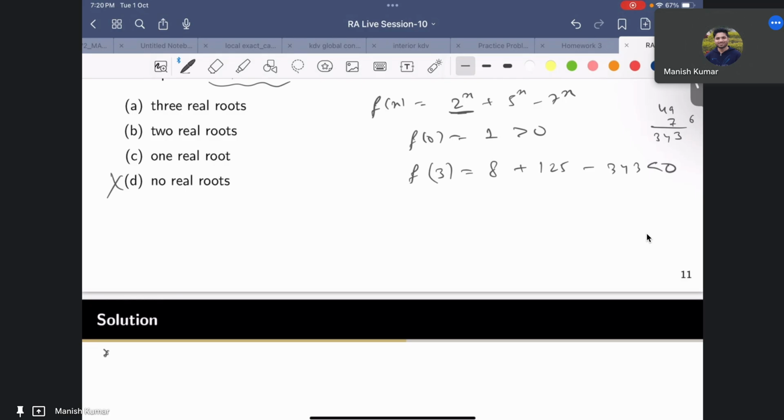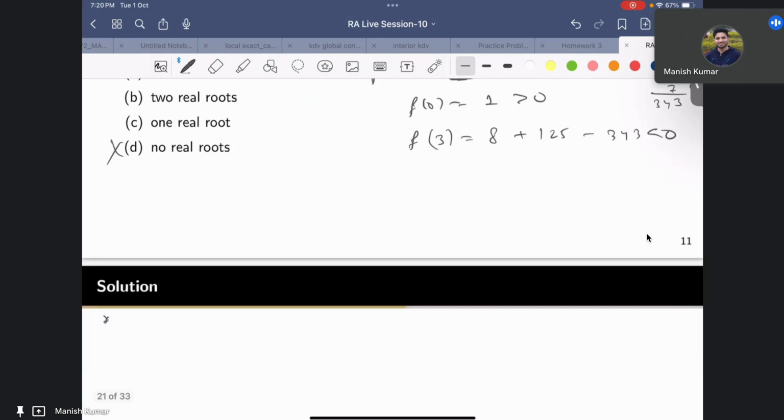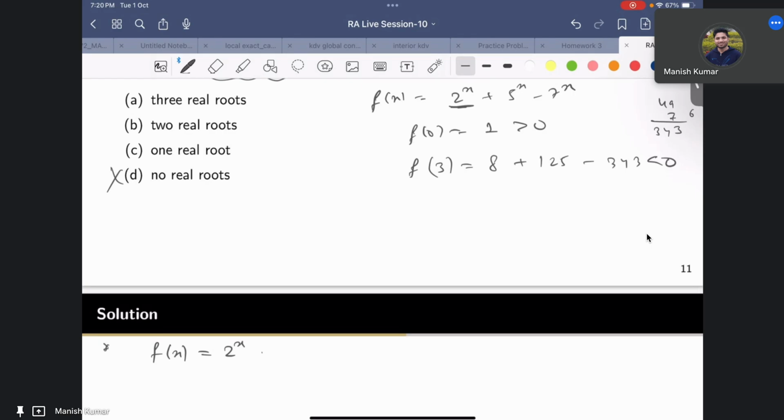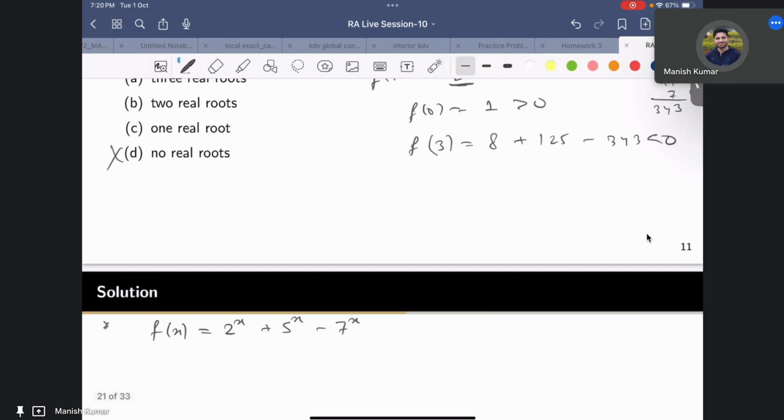So we consider f(x) as 2^x + 5^x - 7^x. Here it was positive and then negative, so it seems it should be a decreasing kind of function.